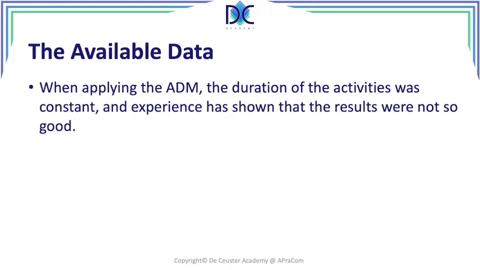We didn't count any uncertainty in it, and the results were not that good. So basically people saw when you have those events, the durations can vary, and we have to take these variations into account. And of course, averages, variations, we are going back to, yes, statistics. I know many people don't like statistics, but of course we are using it here in this method.